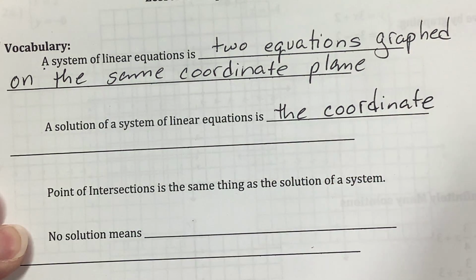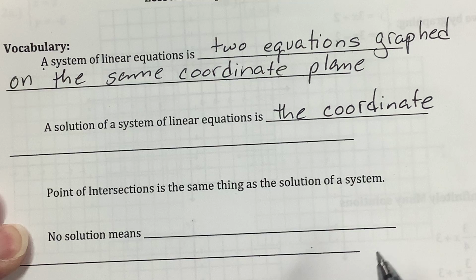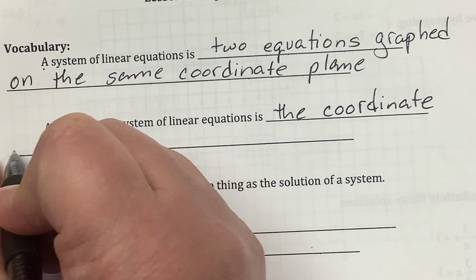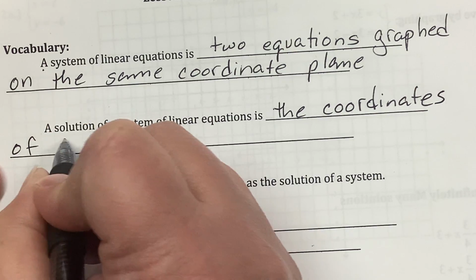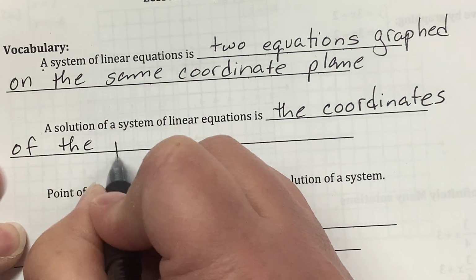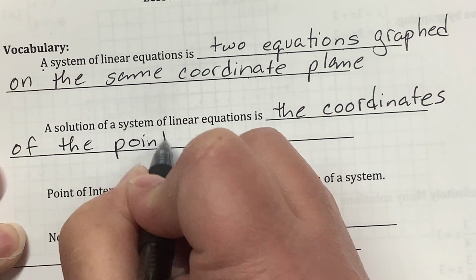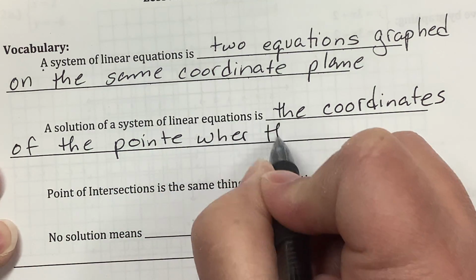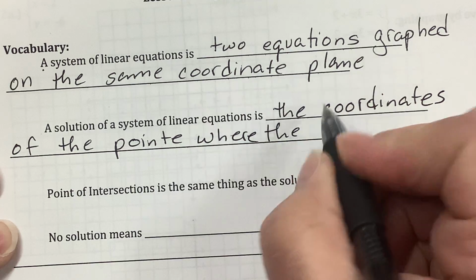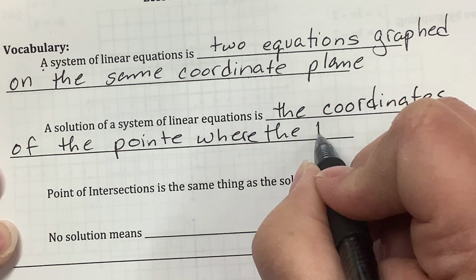I can't spell coordinate. All right. So the coordinates of the point where the lines cross.